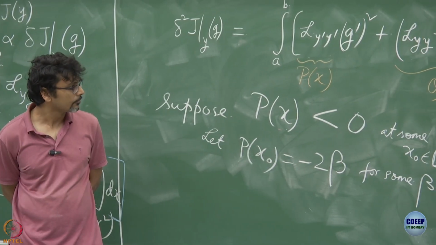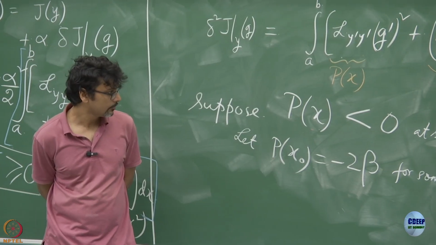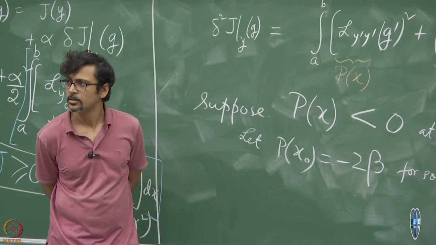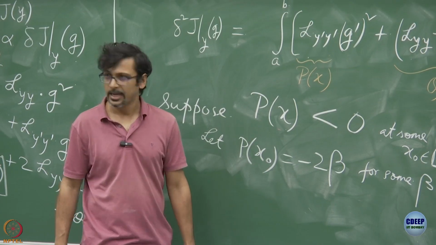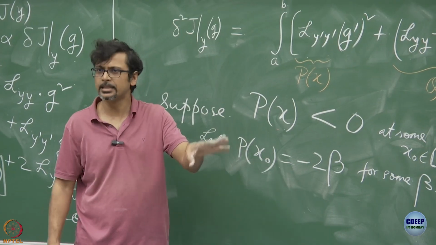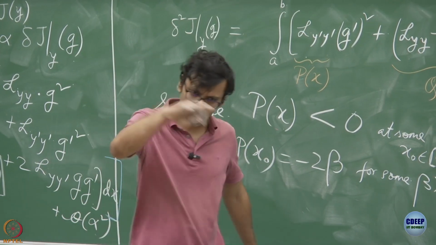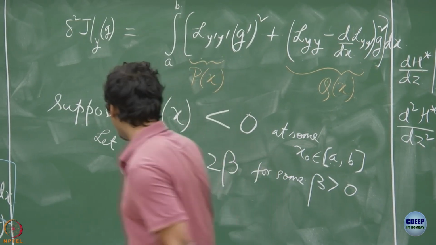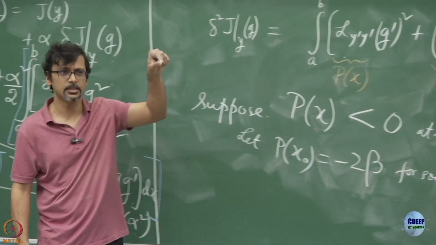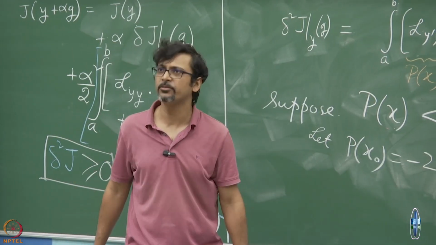Okay, right. So this is probably the most negative value you can assume in that interval. Wherever it is negative among all those points, find out the most negative value of P of x. And then because of the continuity, you see one moment it is negative, the next moment it cannot be positive, right?